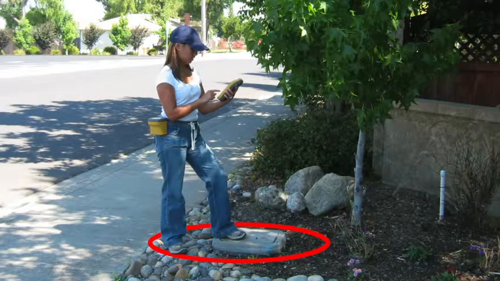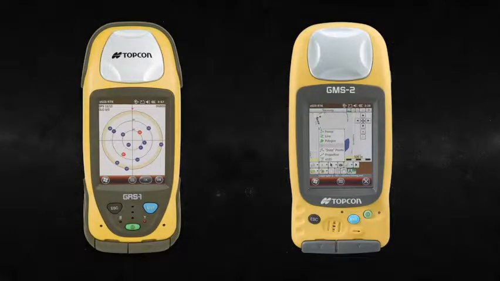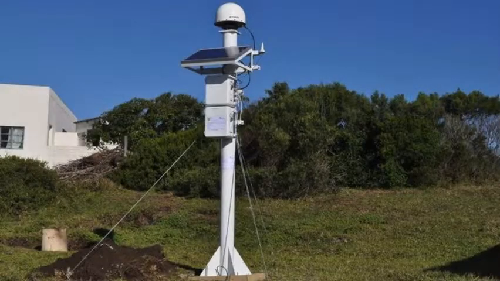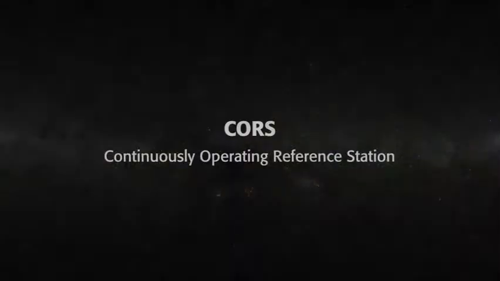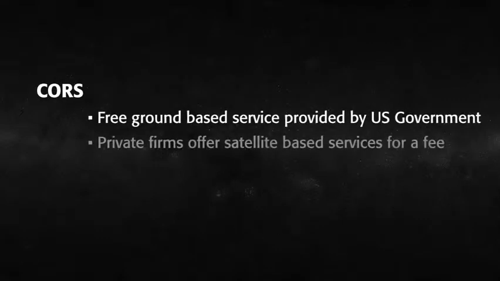By receiving some kind of differential correction message, this type of system is referred to as real-time GNSS. The differential error correction for these types of units was provided by two primary sources: either a ground-based correction system called Continuously Operating Reference Station, provided free by the U.S. government, or fee-based satellite correction services offered by private companies.